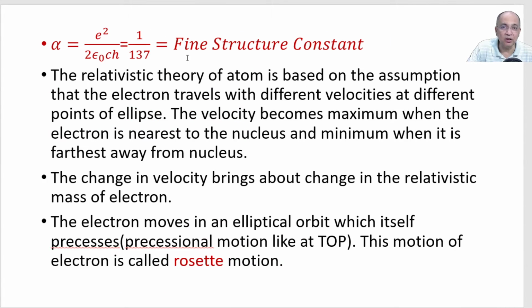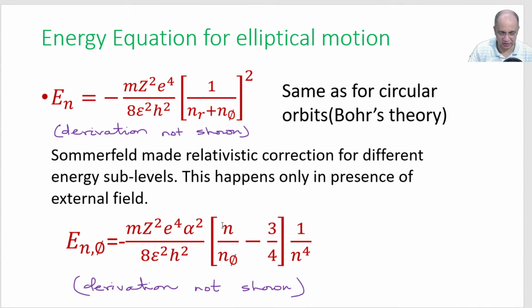Sommerfeld's contribution is alpha, the fine structure constant. That is nothing but e, the charge of the electron, squared, by 2 into the permittivity of the medium, c is the velocity of light, and h is the Planck's constant. It is approximately equal to 1 by 137, and its square value is used here.